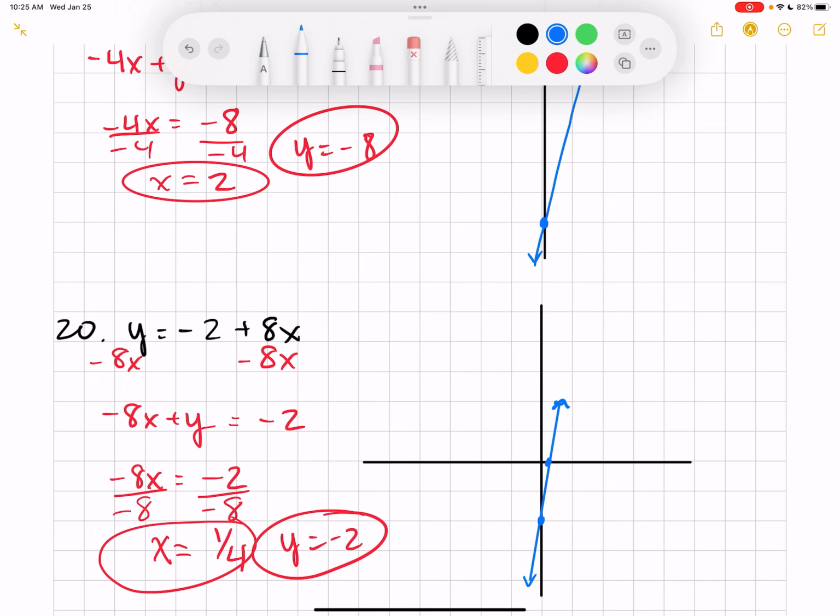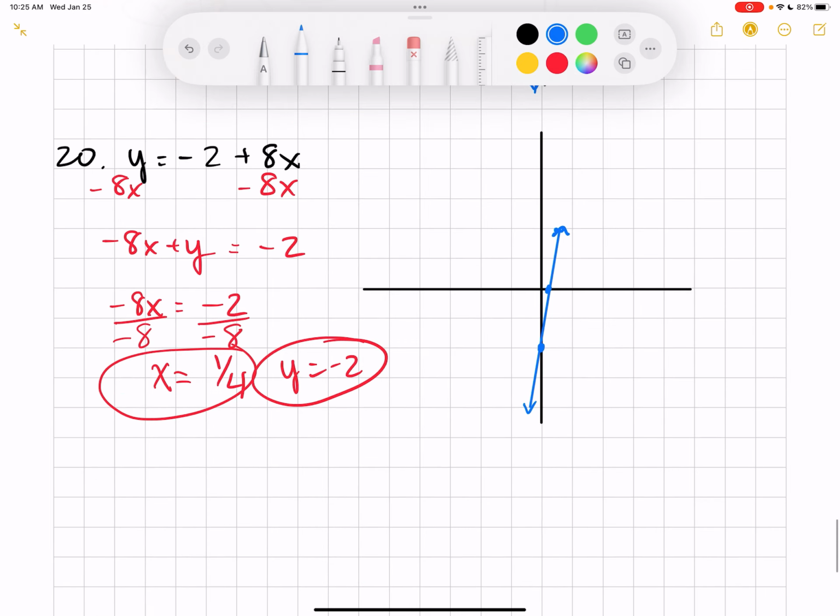All right, let's do one more. Number 24, 8x minus 5y is equal to 80. I think it's funny that they start out with the ones that are not set up for you, and then they go into the ones that are set up.